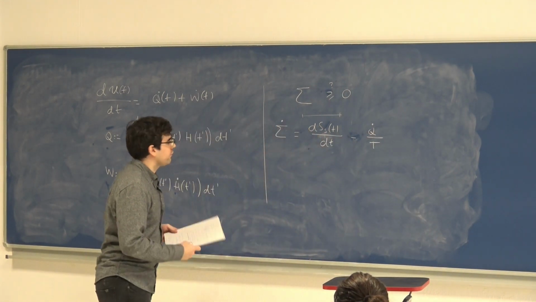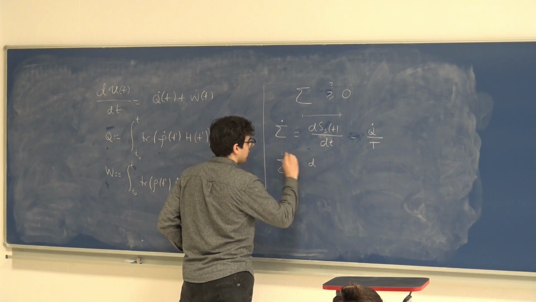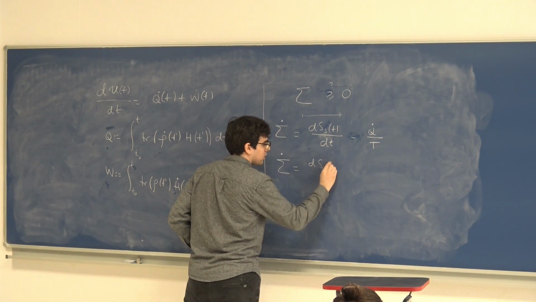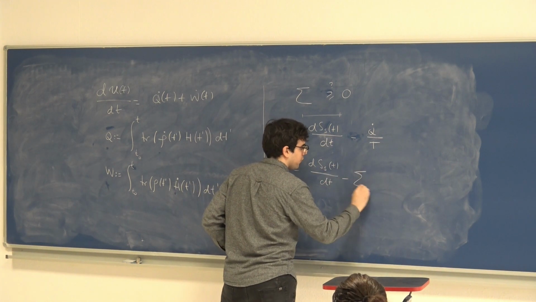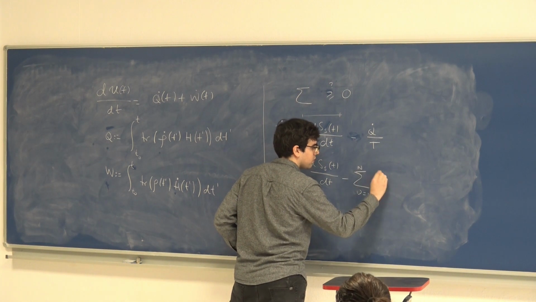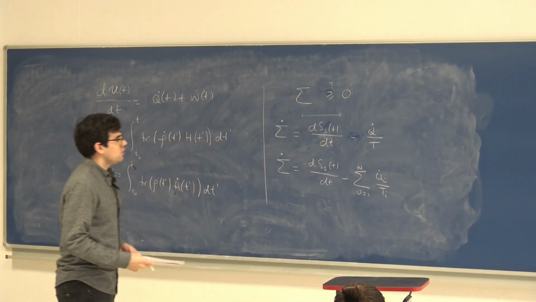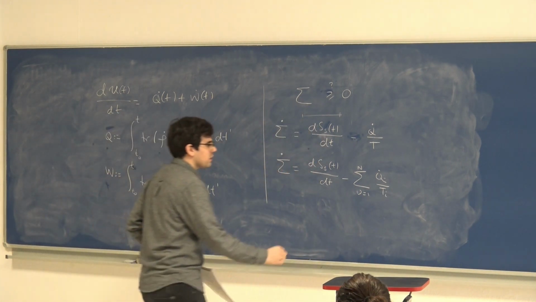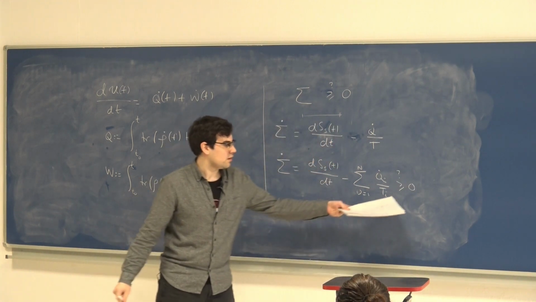In the case that you have a multiple bath scheme, it's simply summing over all of the baths you may have. And we expect this to be larger or equal than 0.